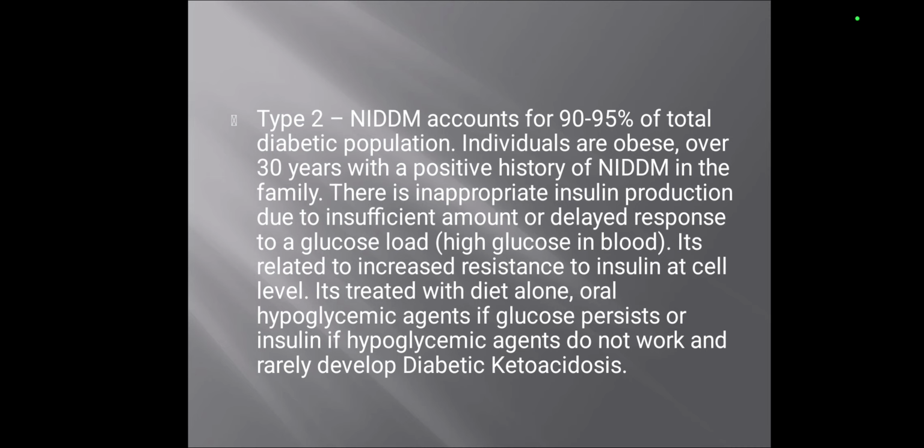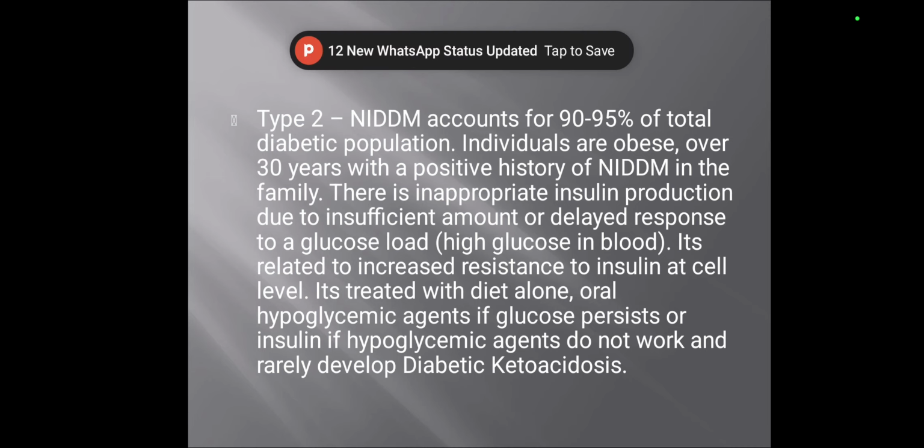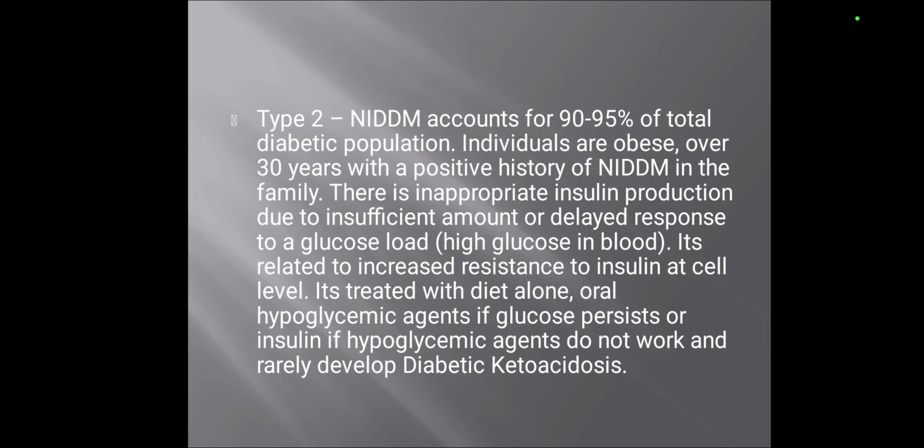High glucose in the blood is related to increased resistance to insulin at cell level. This one is to do with the receptors on the cells, the insulin receptors, where insulin binds on the cells.